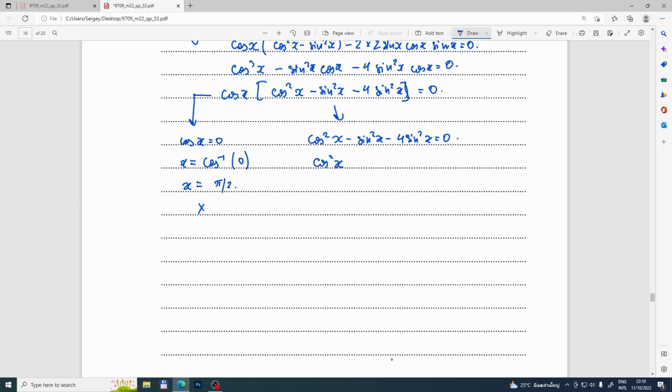We get cosine squared x minus 5 sine squared x equals 0. Let's replace cosine squared with 1 minus sine squared. Simplify it.